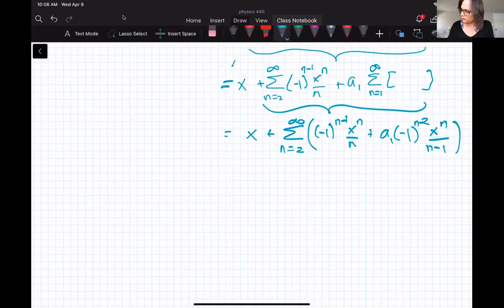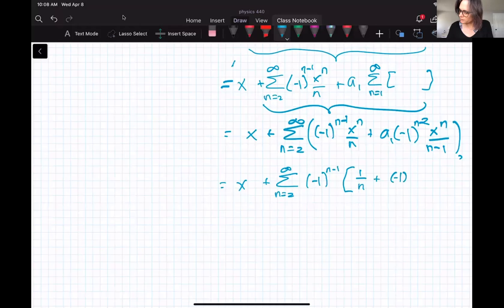All right, so if we continue this, this is equal to x plus the sum from n equals 2 to infinity of minus 1 to the n minus 1, now we're just collecting terms, times 1 over n plus minus 1 to the minus 1, a1 over n minus 1, now all times x to the n.